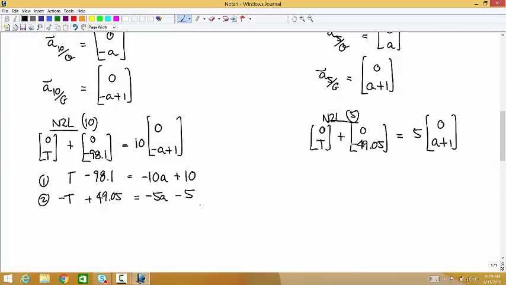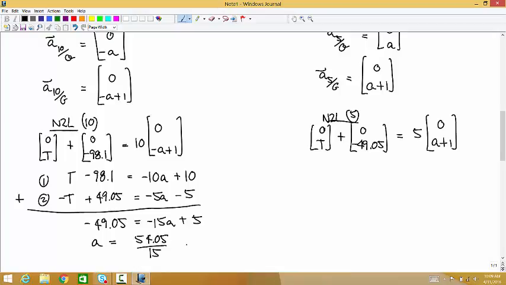And then add those two together, and you get negative 49.05 is equal to negative 15A plus 5. So A is equal to 54.05 divided by 15, which I think is 3.6, something like this, if I remember right.